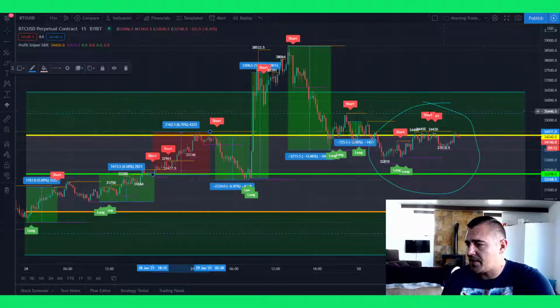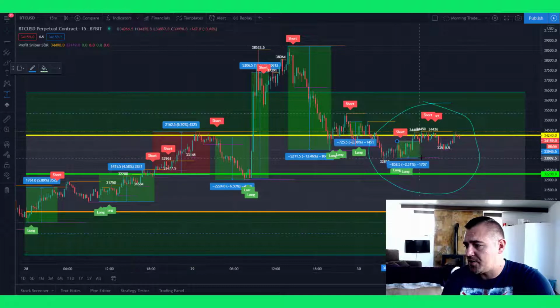And now to talk about these ones in the blue circle here, what they are is a little bit of chop and indecisiveness. So the point is that we wouldn't take these longs because they are above the midline. However, you would end up taking the shorts here. However, because you have a 5% stop loss, so far in either direction, you have not lost.